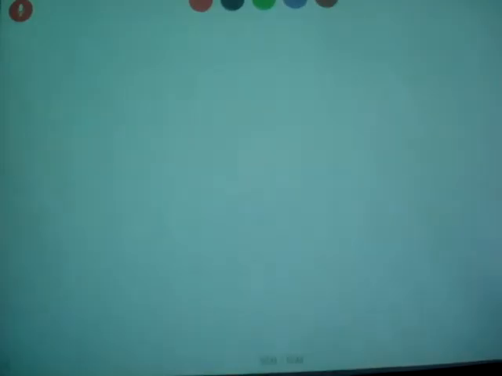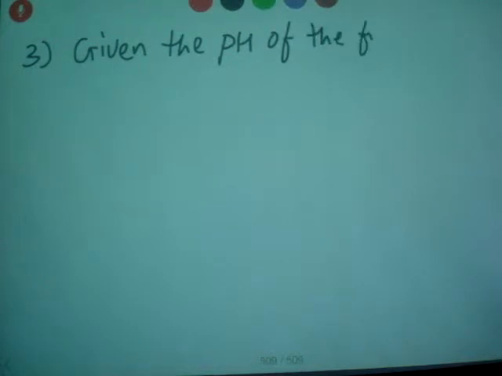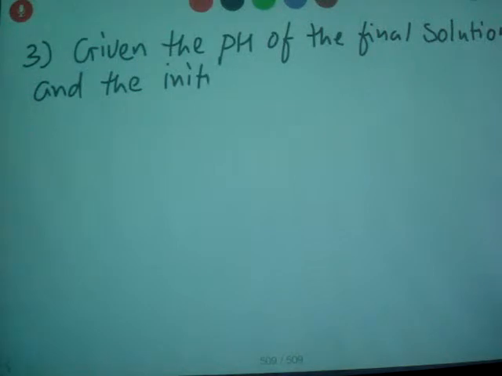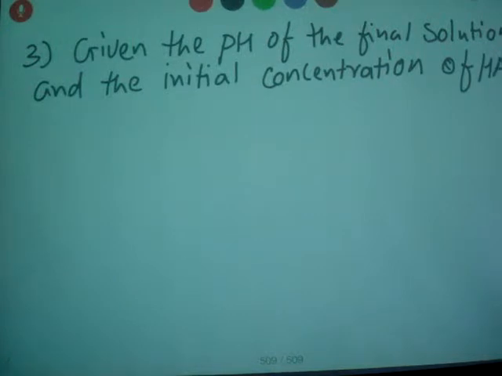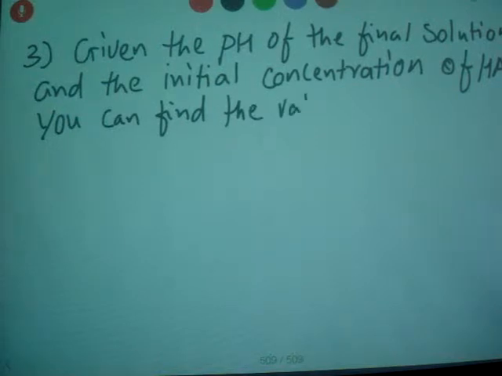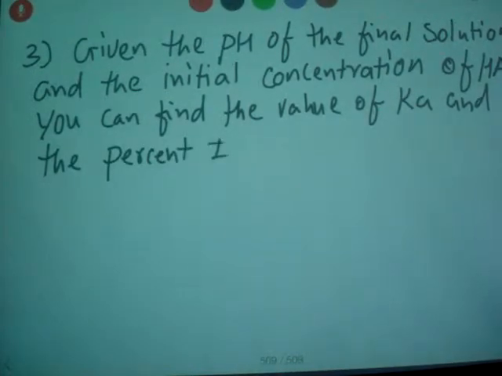And let's see the third scenario. I'm going to write the third one. Given the pH of the final solution and the initial concentration of HA, you can find the value of Ka and the percent ionization.